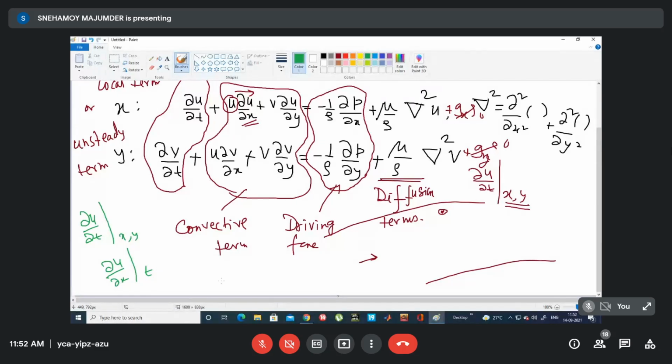One has to be kept constant. That is the partial derivative. Idea of partial derivative. So at a local place x, y, say two, three, how the velocity is changing with time, that I am observing. That's why it is called the local term, or also called the unsteady term.